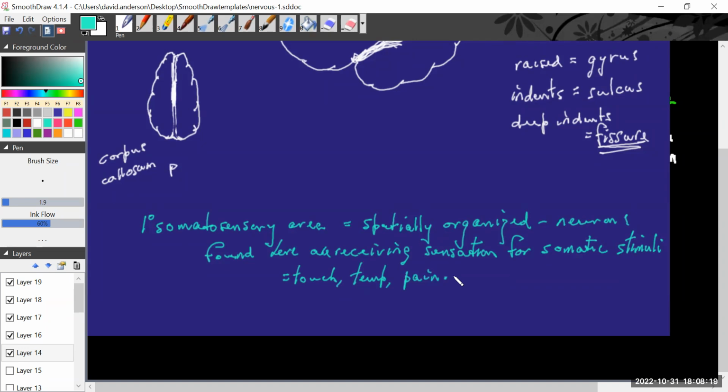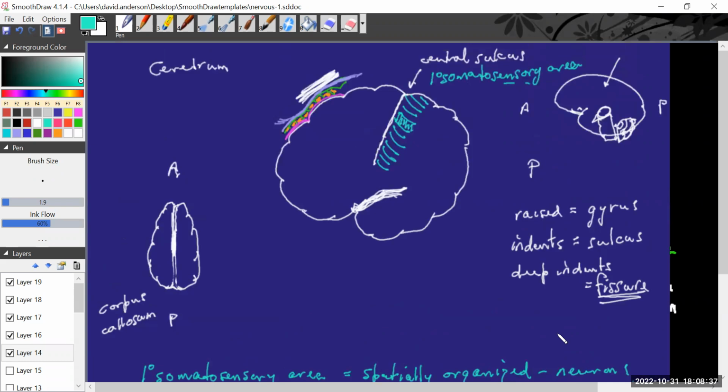So what we're saying is these neurons here are receiving sensation for somatic stimuli like touch, temperature, and pain from specific locations. So there's a group of neurons dedicated to the baby finger, to the fourth digit, to the third digit, to the hand, to the arm, to the trunk, to the leg. And you can reproduce the body in this primary somatosensory area based on the neurons that have spatial organization.